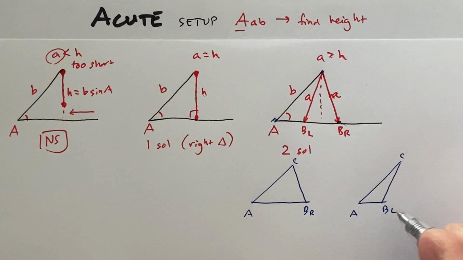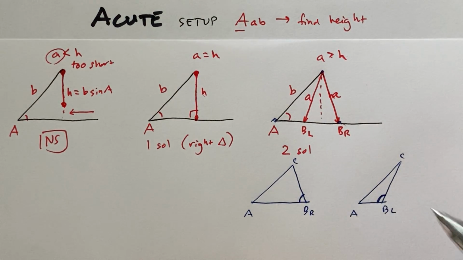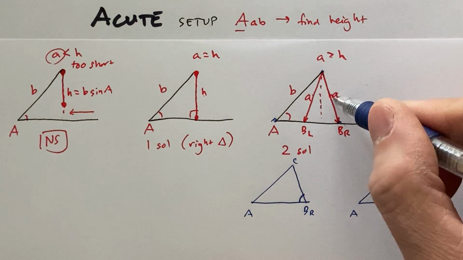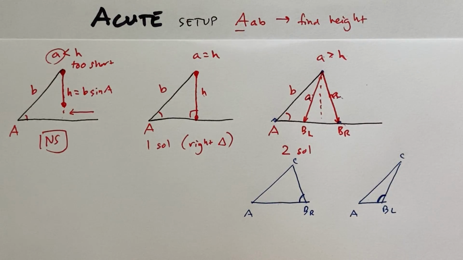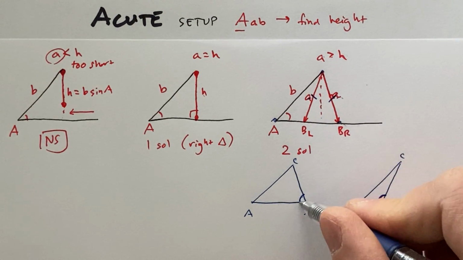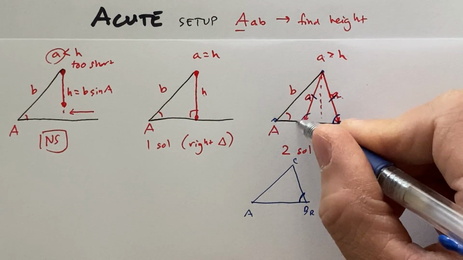The key to this is the relationship between this angle and this angle. If you notice, if we go back to the original setup, both of these are side a. It can't change, which means it's an isosceles triangle. So what is the relationship between this angle and this angle here?